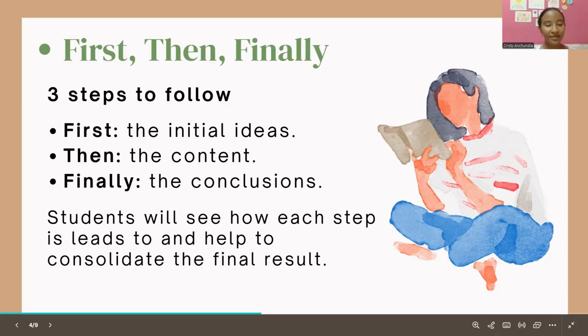The next strategy is called first, then, finally. Here we have only 3 steps to follow. First of all, we are going to include all the initial ideas as the topic sentence and the authorship. Then we are going to include the content.